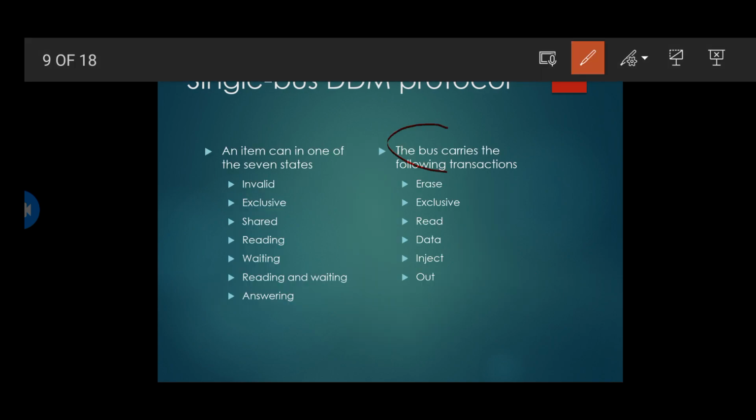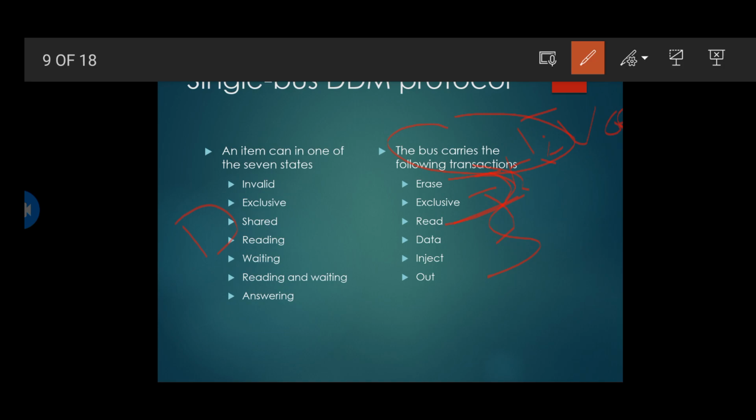Now the bus carries the following transactions. The DDM bus which we discussed can carry these 6 transactions which I am going to discuss now. It can perform erase, like it can clear the data on the bus. Next, it can perform an exclusive operation. Next, it can read, like it can take the information and store it in the cache memory.